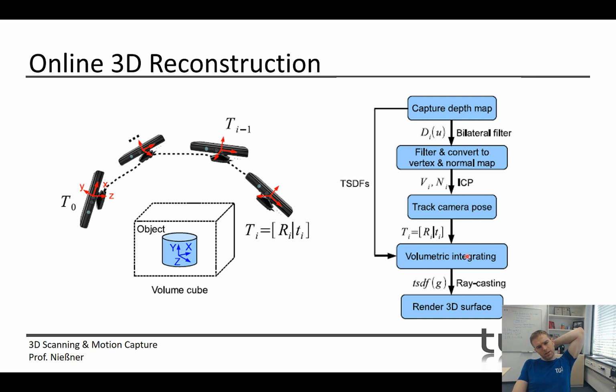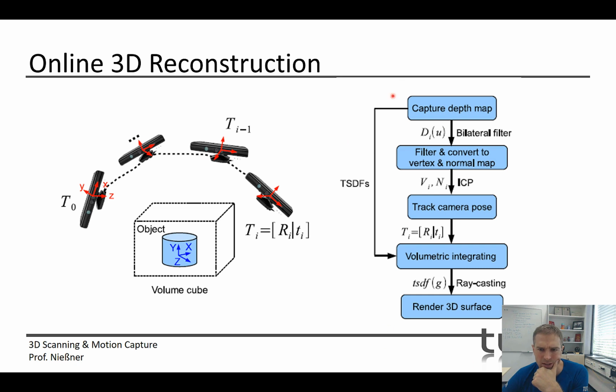How do we do this? Well, we typically do a raycast. So we raycast the current model to get a depth map. From this raycast, we're getting the depth map, and we're comparing the current depth map to the raycasted depth map with an ICP. Then we get a transformation. Then we have a volumetric integration, and then we render the 3D surface.